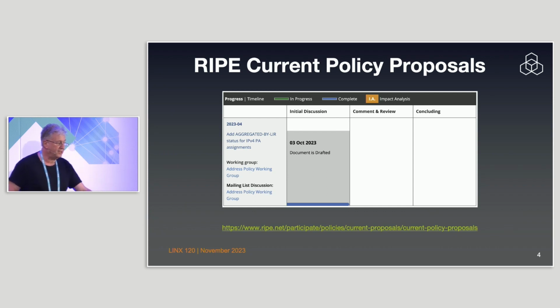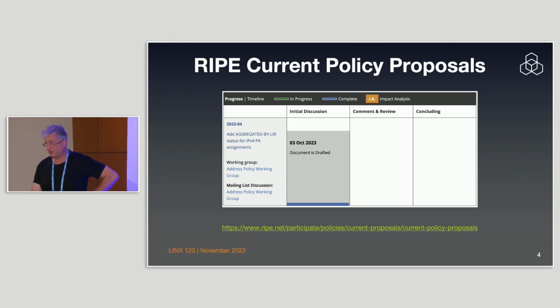Okay. There is one current policy proposal at the moment. It is aggregated by LIR, which is for status for IPv4 PA assignments. Now, this is around for IPv6. It has been around for IPv6 since forever. What it's about is that if you're doing your RIPE postmaster duties properly, every time you allocate an IP address or an IP network to a customer, then you are supposed to register it with RIPE.